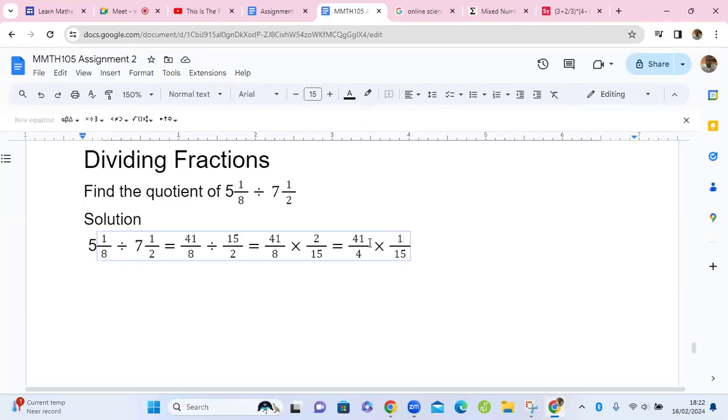You multiply straight across, numerator by numerator, denominator by denominator.